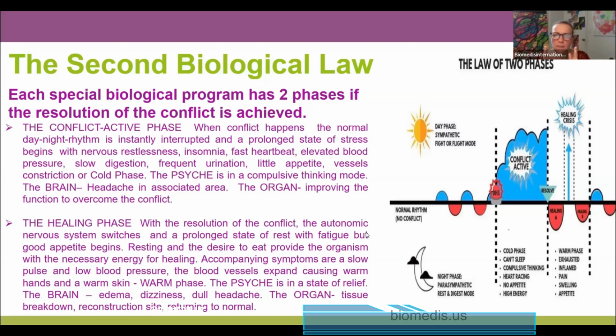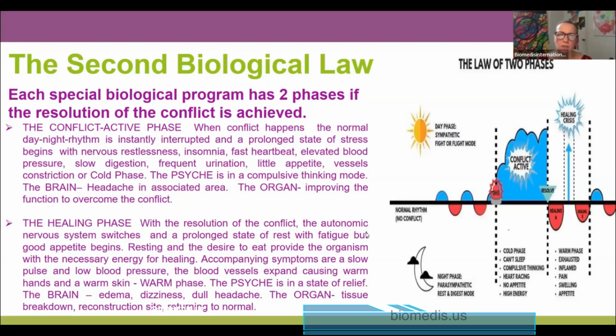In the brain, you may have some kind of headache associated with the brain area where the stress is affecting it. In your psyche, you will be in a very compulsive thinking mode. You can't sleep. You have to resolve the conflict, the stress.